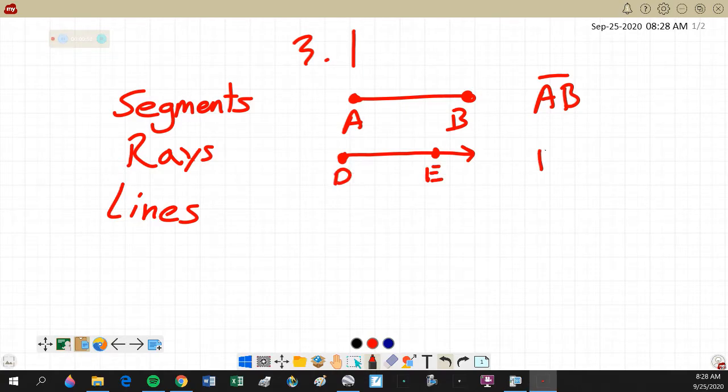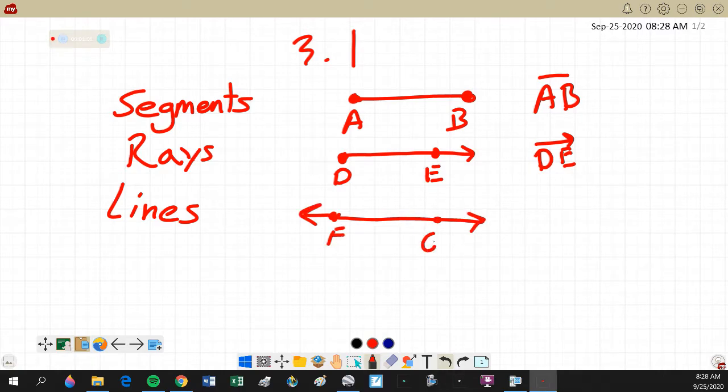And then you would name it like this with an arrow on one side. And then a line actually has arrows on both sides. And we would name that with an arrow on both sides. You guys understand that?